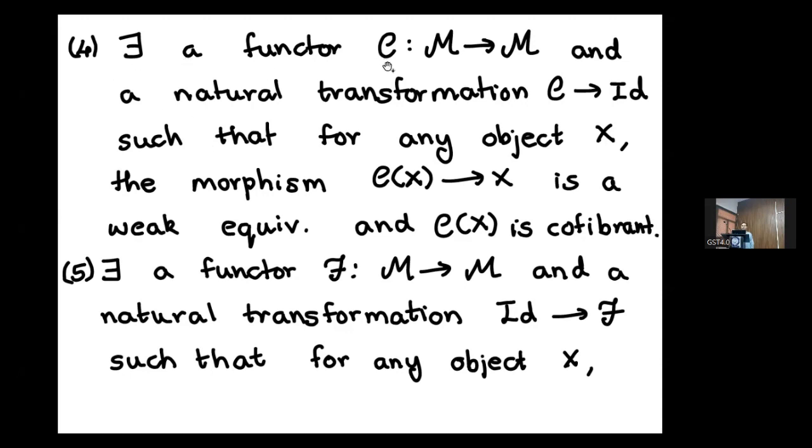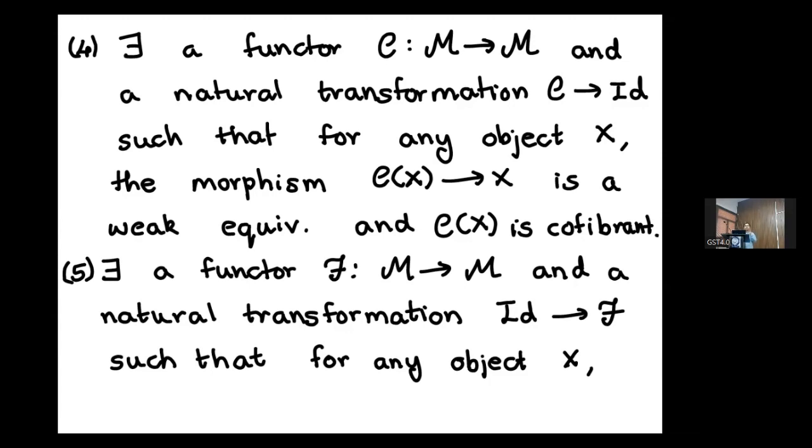The cofibrant replacement functor I'm denoting by C, and there is a natural transformation from C to the identity functor, meaning that for every object, I want to create a weakly equivalent cofibrant object, and there should be a functorial choice of a weak equivalence going from the cofibrant approximation into my original object. So basically I'm approximating it on the left in a certain sense.